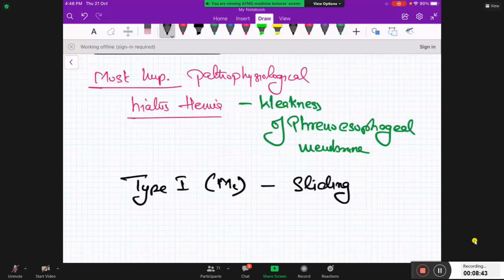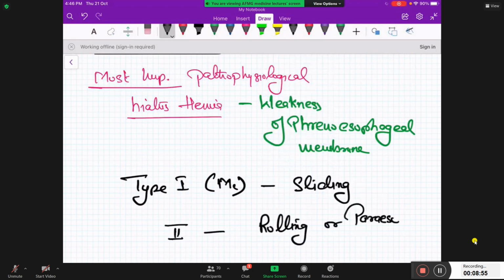Type 1 is the most common and it is sliding hernia. Type 2 is rolling or paraesophageal type.